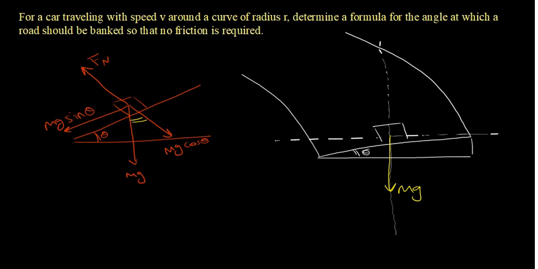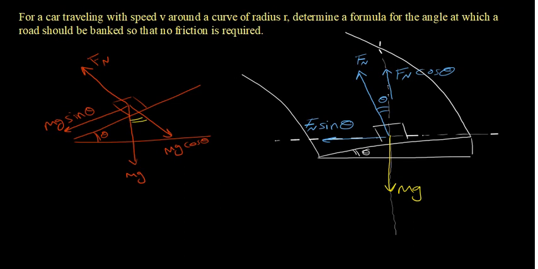On the other side, if I look carefully, the normal force is the one making that small angle theta. So in this case, I will be analyzing the normal force into two components. One will be the normal force cosine theta, and on the x component I will have the normal force sine theta.